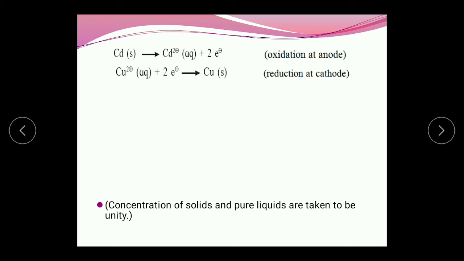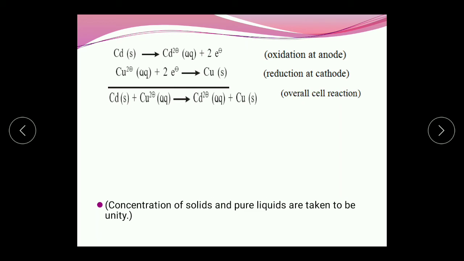If we add both these reactions, we get the overall cell reaction. As both have the same number of electrons, we don't have to multiply the reactions; the electrons automatically cancel, and we get this reaction as the overall cell reaction. Understood? We learned it in the previous session.